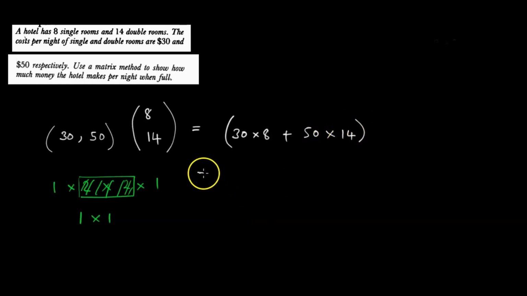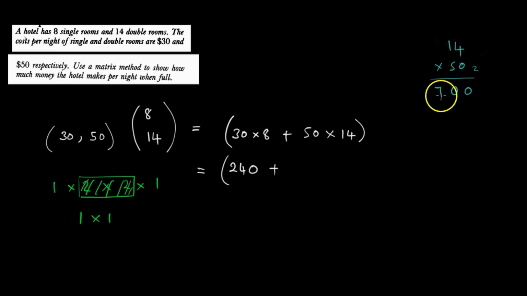Like that. What is 30 times 8? 8 times 0, that's 0. 8 times 3, 8, 16, 24. So it's 240 plus. Then what is 50 times 14? So 14 times 50, 0. Up it's 20, carry 2, 5, 6, 7. So it's 700.